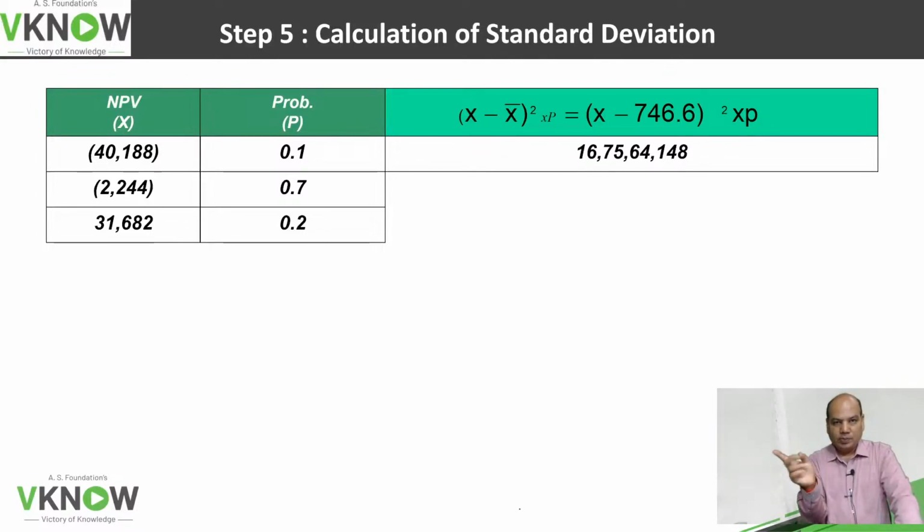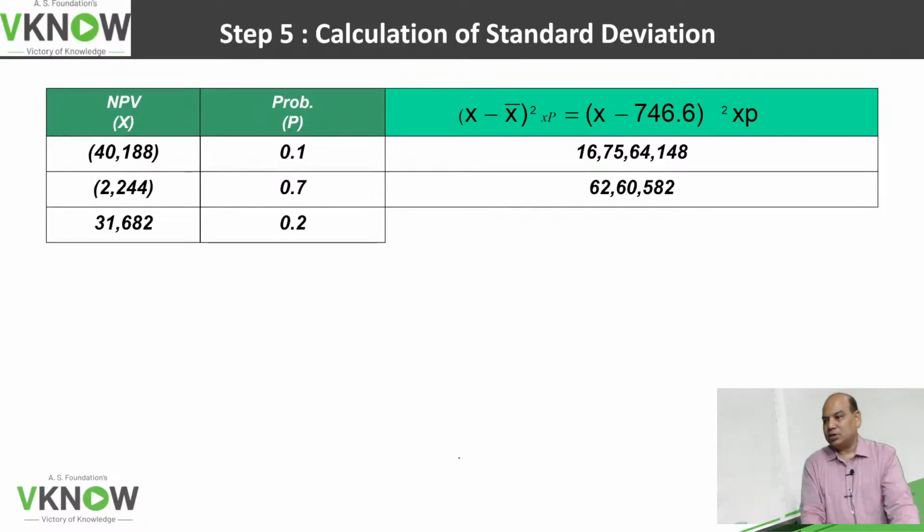Next one, transfer it to memory plus. Next one, minus 2244 minus 746.6 into 0.7, memory plus.